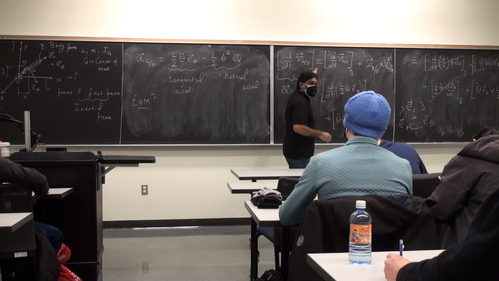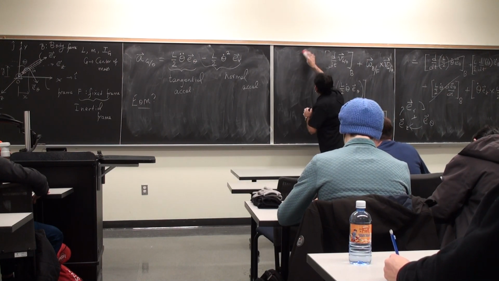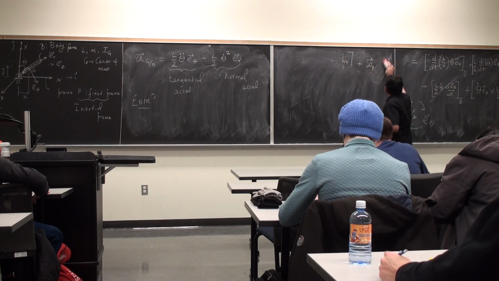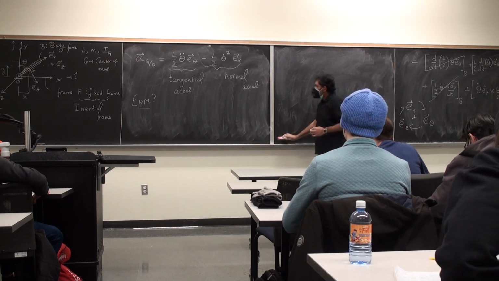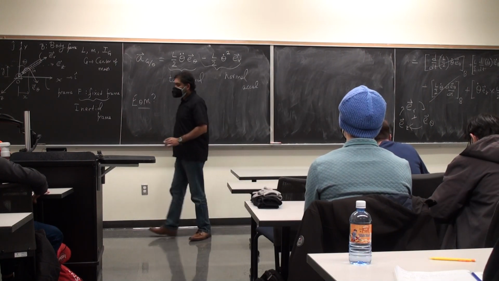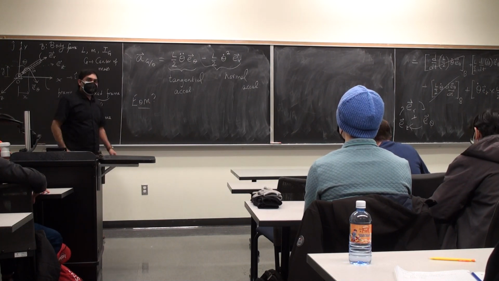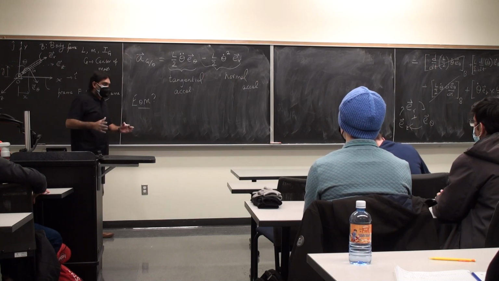I'm going to get rid of this panel here. The way I do equations of motion in Newtonian mechanics is, and this is the reason I don't like Newtonian mechanics, and which is why we are going to learn Lagrangian mechanics. In Lagrangian mechanics, you don't need free body diagrams.